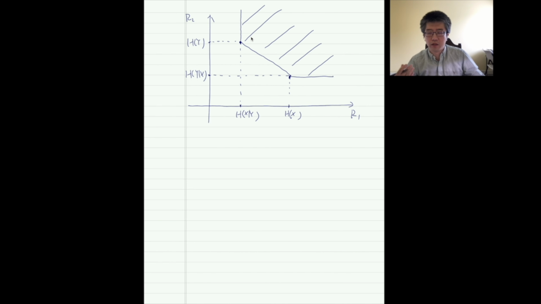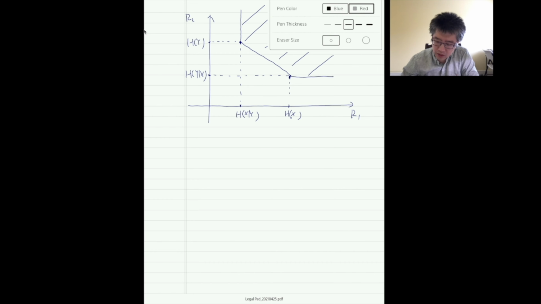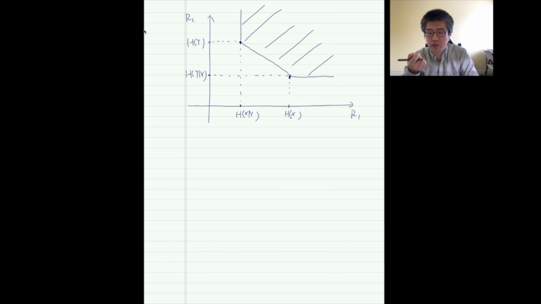This is the achievable region of R1 and R2, okay? Naively, we can do this two-source coding using the technique that we learned before, separately. So this basically means that this point is achievable.